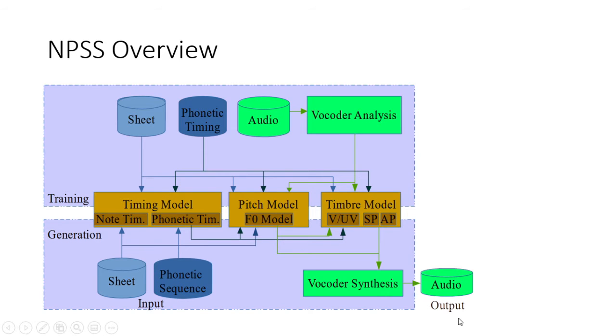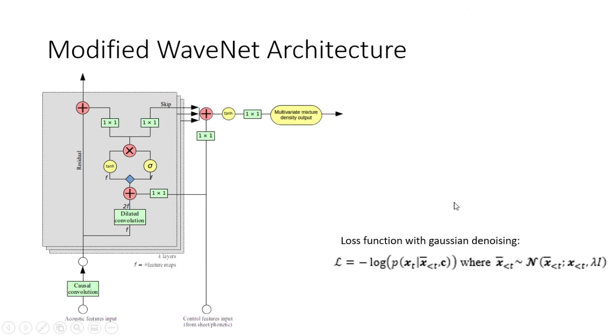Basically, the audio is encoded into parameters, which are then used to train the neural network models. The neural network models only produce the parameters, and then the parameters are synthesized into sound using a vocoder.